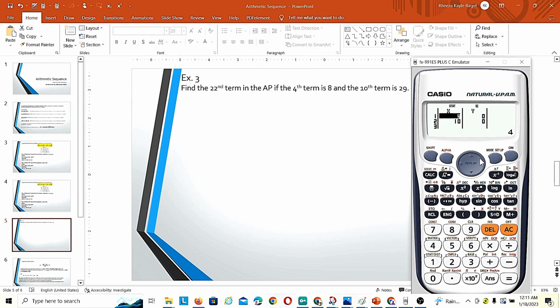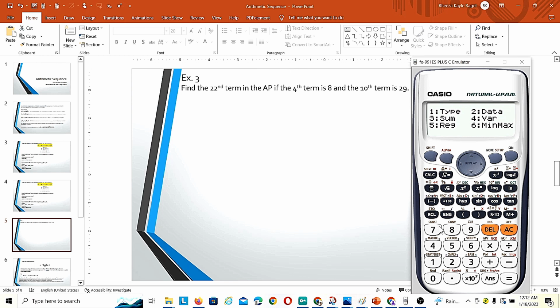So what will now be the value of the fourth term? It will be 8. And then what's the value of the 10th term? 29. Okay, so after inputting the values, we have to press AC. Now, Shift and then Stat. We are asked to find for the 22nd term.